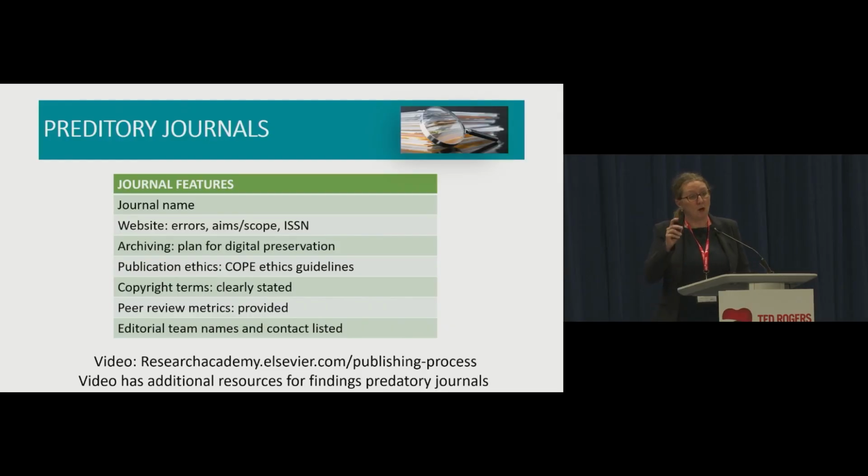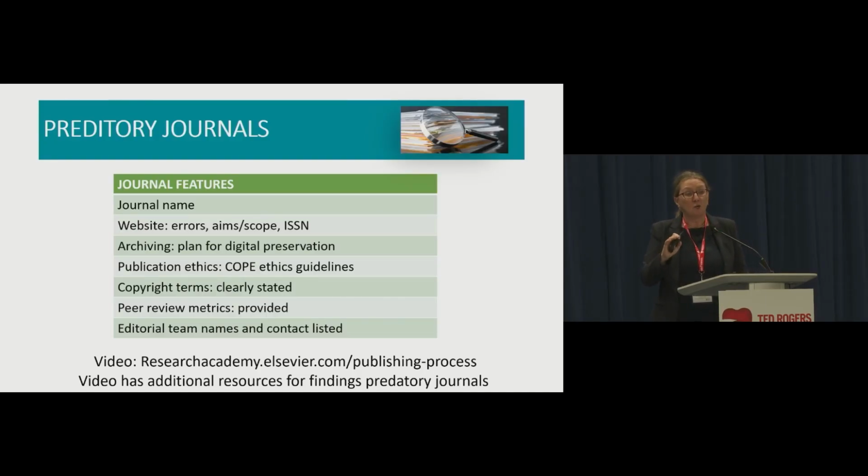Sometimes, on a website, there is criteria for any journal, and there's publishing criteria that has to be displayed for authors. It includes they have to provide a plan for archiving. So how are they going to keep that paper archived so that someone in 20 years will have access to it? There's also publication ethics that should be on the website.